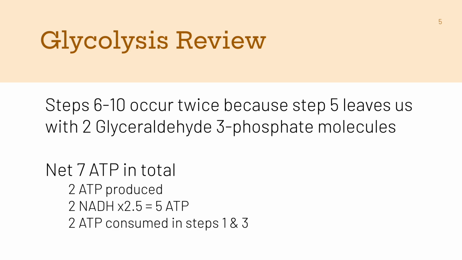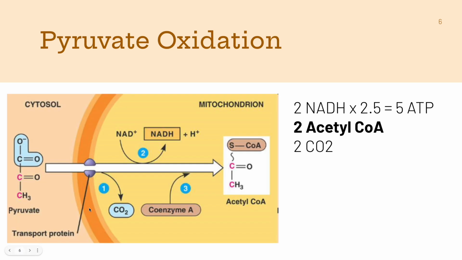We have the 2 NADH that we picked up, and in that conversion, one NADH is equivalent to 2.5 ATP. So ultimately, we gained 5 ATP there, and then we did utilize, and 2 ATP were consumed in those beginning steps of glycolysis, steps 1 through 3.